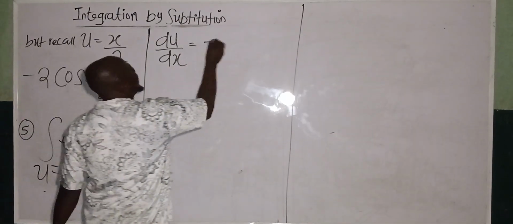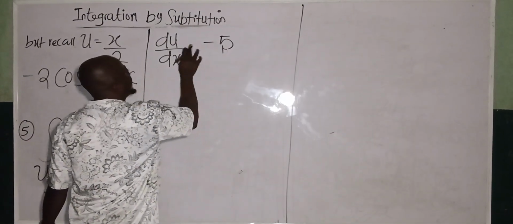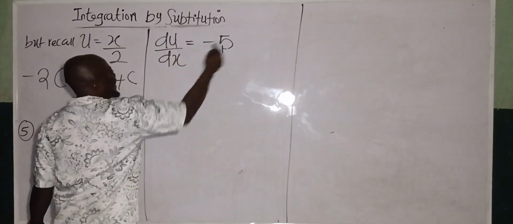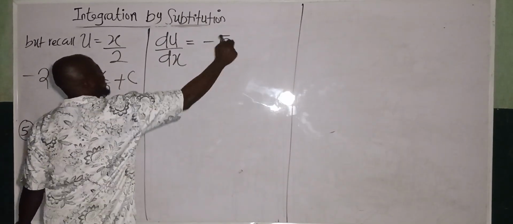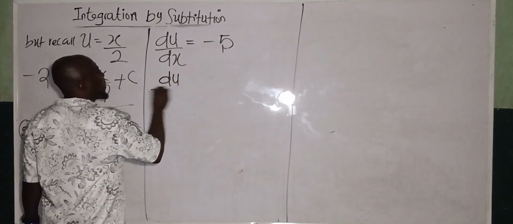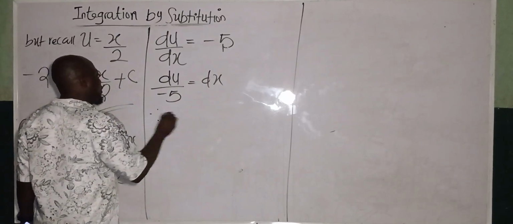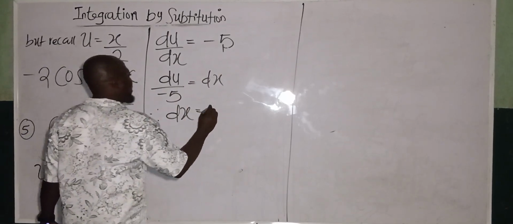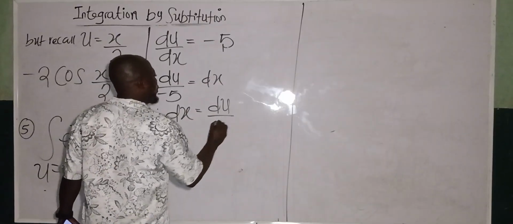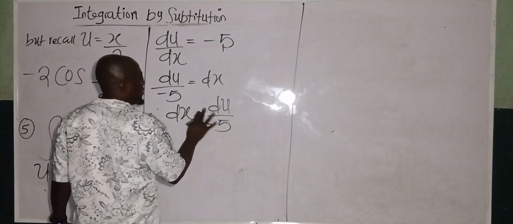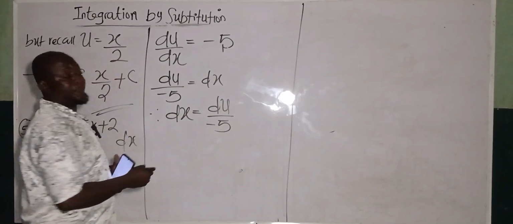That's all. Interchange this now. So we say du becomes minus 5 dx. Therefore, my dx will now give us du over minus 5. This is what I'm having here.